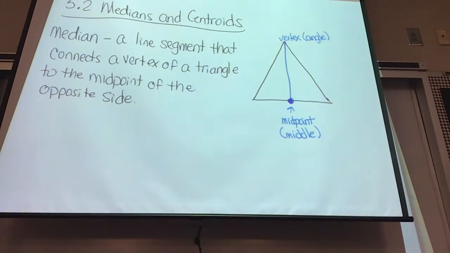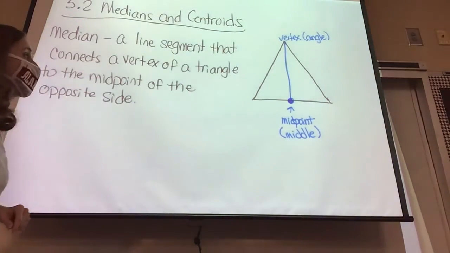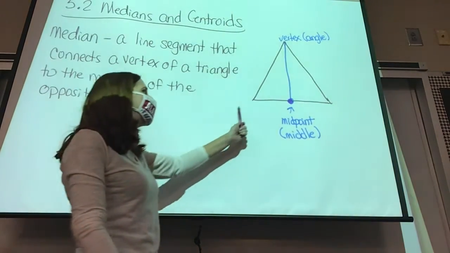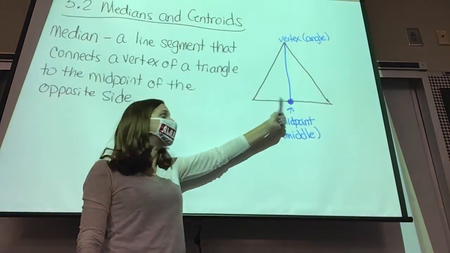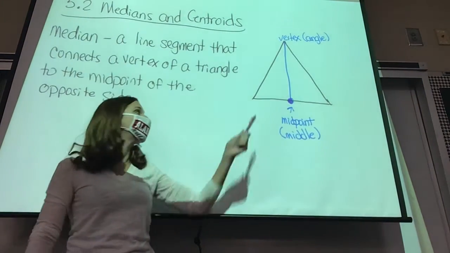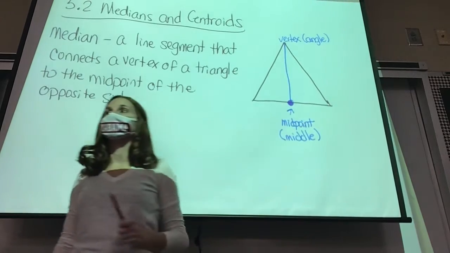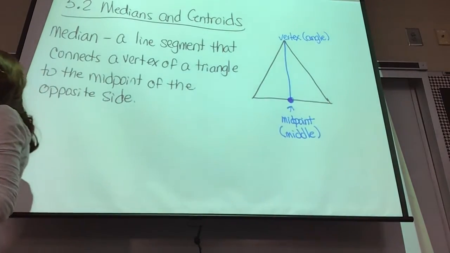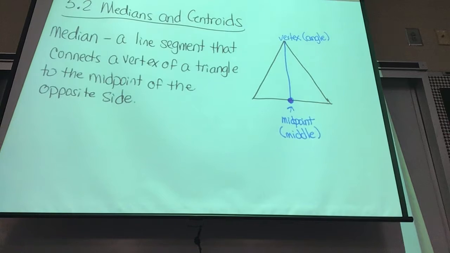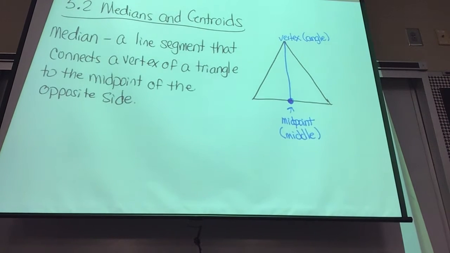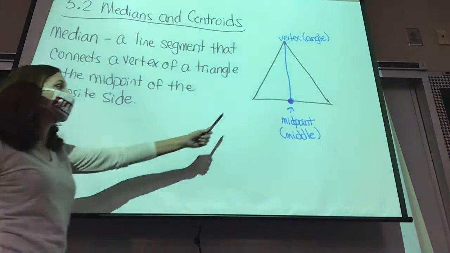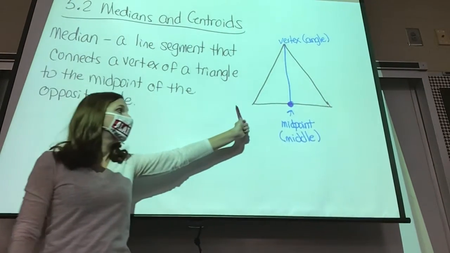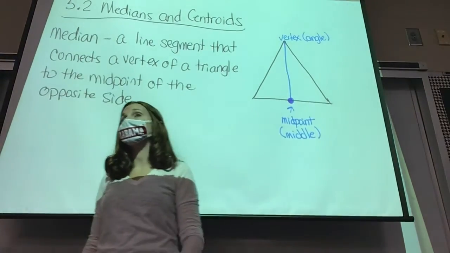Now, if it is the middle of the other side, what does it do to this line then? If that midpoint is in the very middle, what does it do to this line here? Huh? This line right here. The midpoint does what?